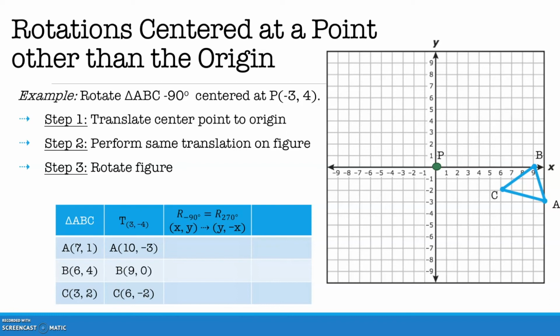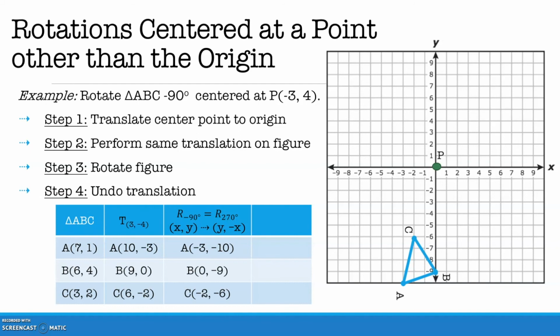Based on our previous discussion, a rotation of negative 90 will yield you flipped coordinates and your x-coordinate will negate. So in this specific case, A would move from 10, negative 3 to negative 3, negative 10. B would become 0, negative 9, and C would become negative 2, negative 6.